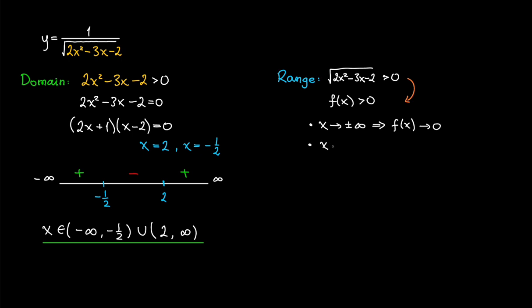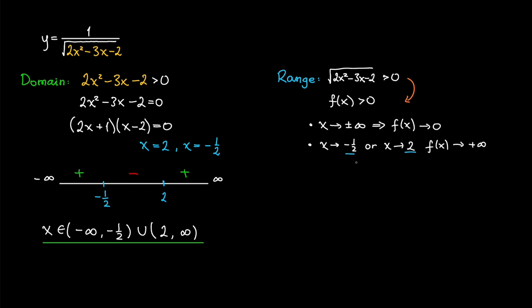As for the other one, as x approaches negative 1/2, or as x approaches the 2 values at the end of our domain, our f of x is actually going to approach positive infinity. This is because as x approaches these 2 critical values, the square root of this expression is going to be smaller and smaller, near 0.